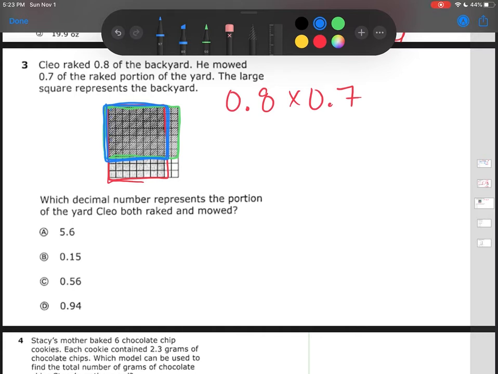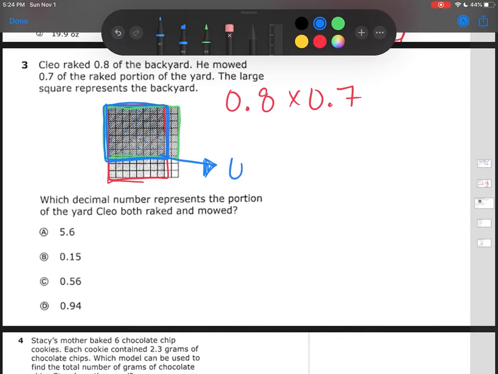So if I wanted to find my answer, I could just count those squares, right? I've got 1, 2, 3, and so on, up to 56. 56 little squares.